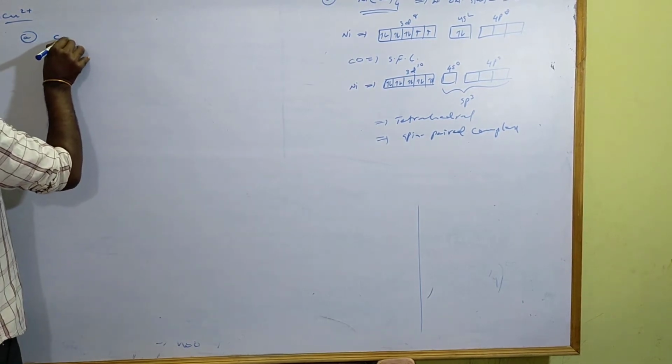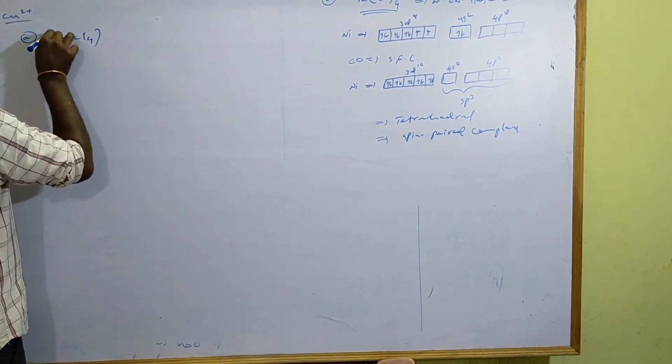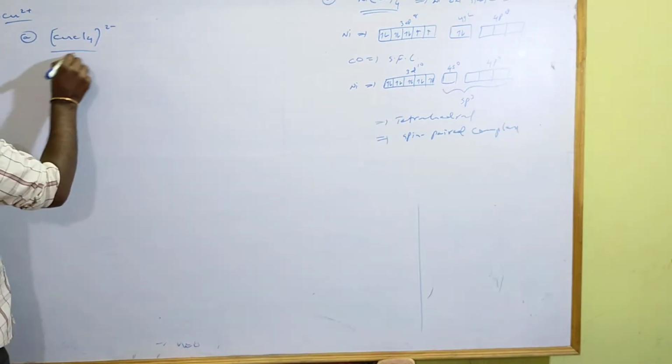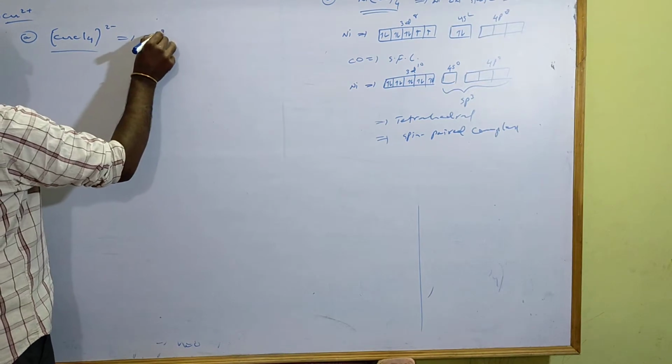In that, first I am taking the first example, CuCl4 2 minus. Here, copper oxidation state is +2.